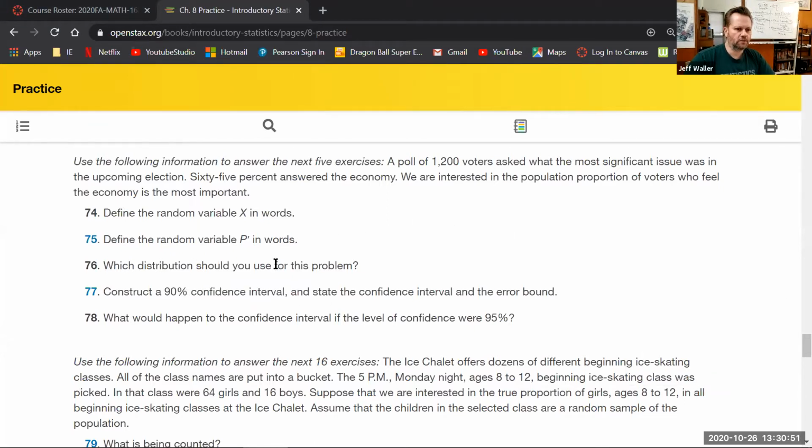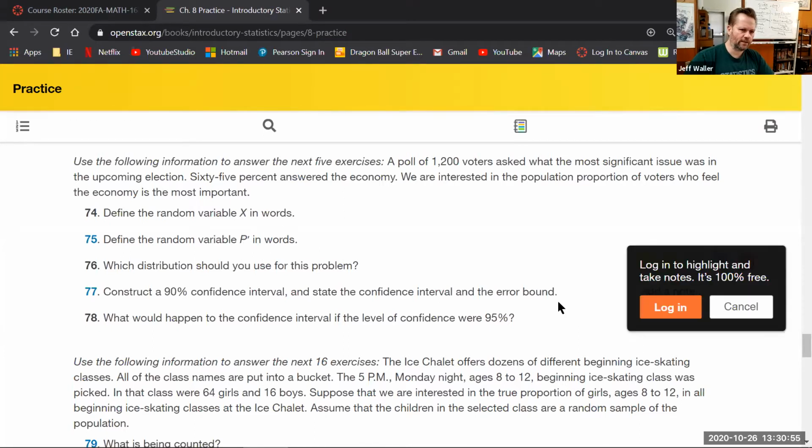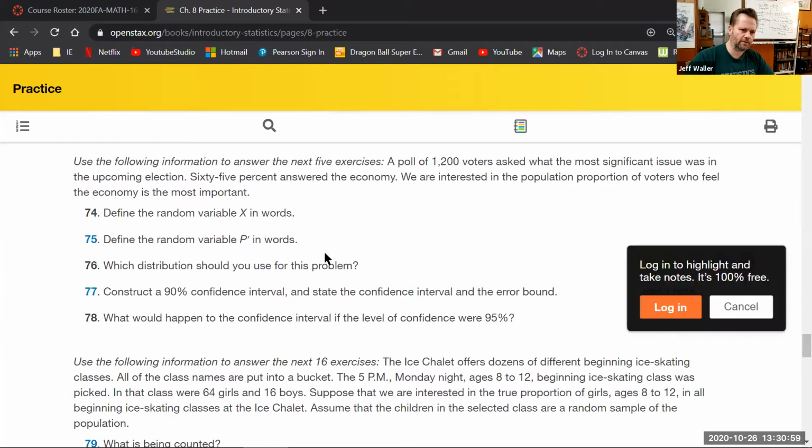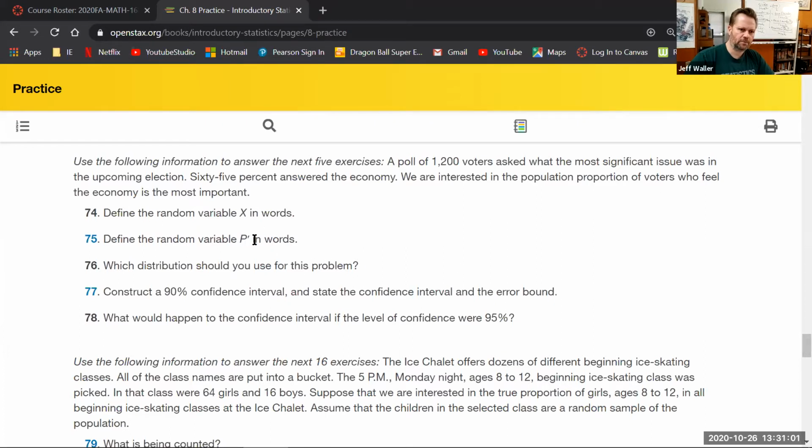So what distribution can you use? And by the way, do you guys notice, they don't use the little hats, they use this stupid little prime thing, but that should be p hat. We know better. That, of course, is p hat. It's not p prime. That's bullshit.